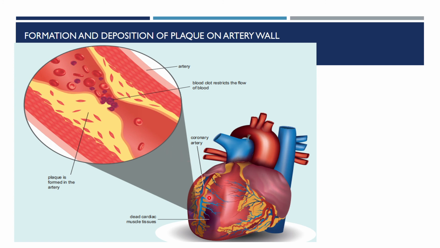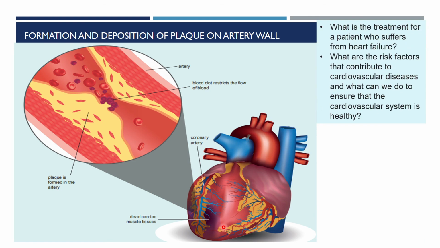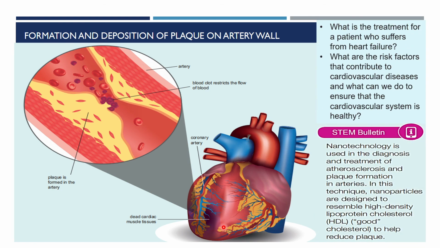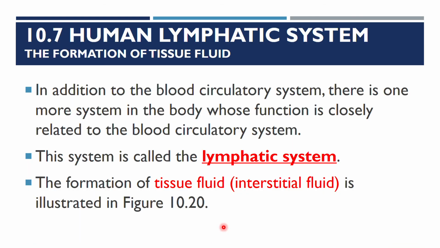So imagine if this condition happens to the artery of the heart, which is the coronary artery. So it will cause first and foremost angina, and then dead cardiac muscle tissues if it is extensive. Right?